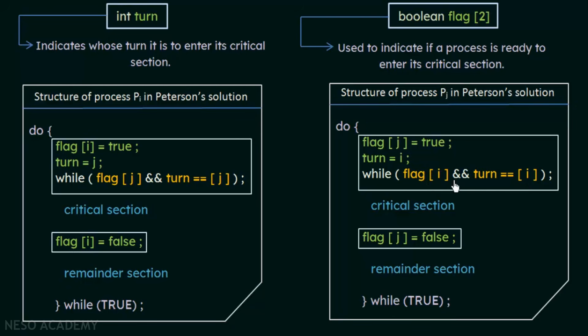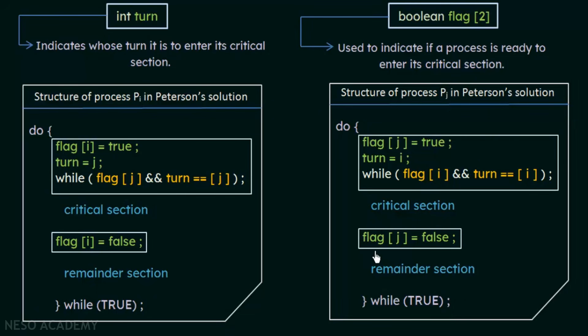Because as I told you, AND condition will be true only when both the cases are true. So here one condition becomes false. Hence the whole while becomes false. So it will break off from this while loop and will come to the next statement, which is the critical section. So pj is now allowed to enter this critical section and it will execute in this critical section.